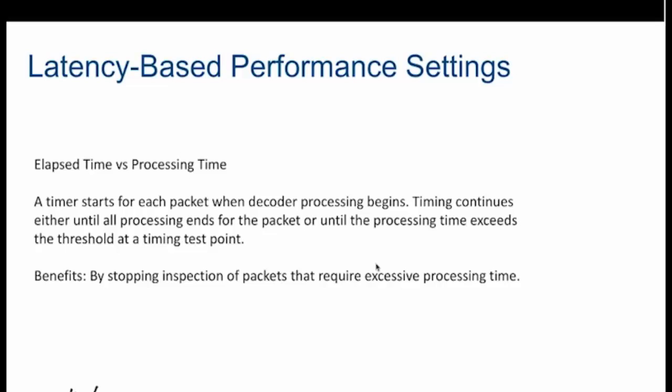At that moment, the detection engine will bypass that traffic, and the traffic will be given to the network again. In this way, it helps the customer stop the inspection of the packet when a lot of processing power is being used by the detection engine.